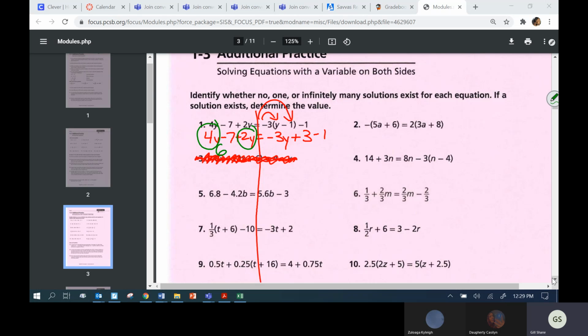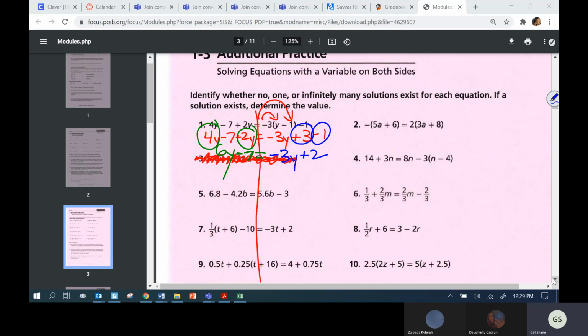So that gives me 6y subtract 7 equals, now on this side I can combine like terms that are numbers. I don't have multiple terms that have y in them, but I do have numbers that I can combine. So the negative 3y plus 2 is what I would have on that side.